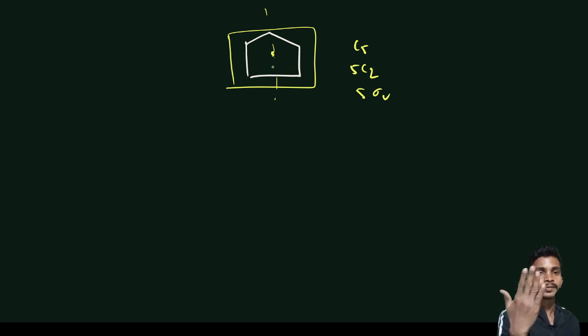Let's say this is our molecule, then that plane is passing through and cutting the molecule, and C5 is coming in this direction, so they are perpendicular, so sigma h is also present.